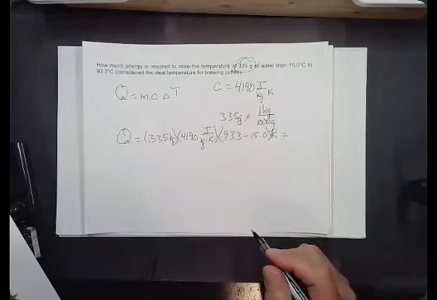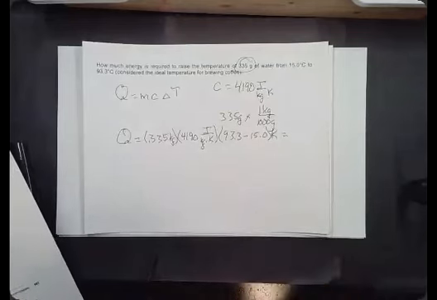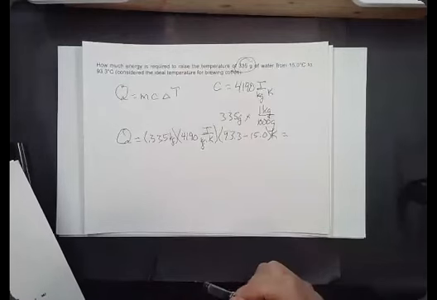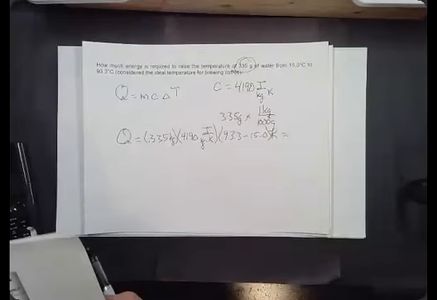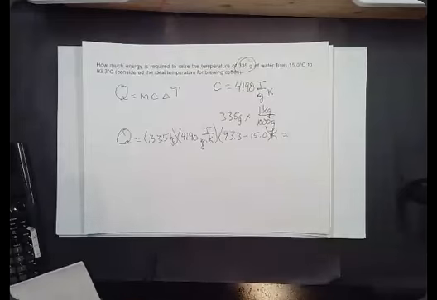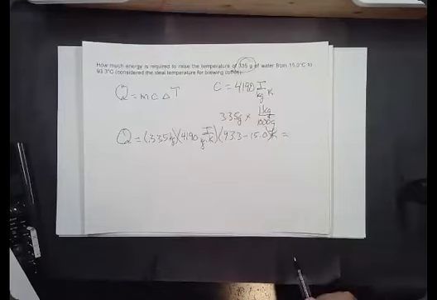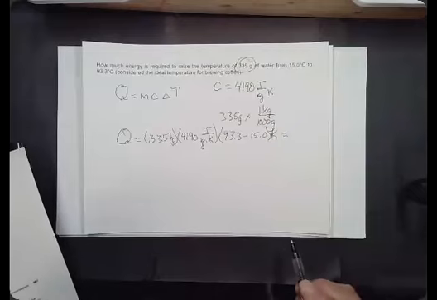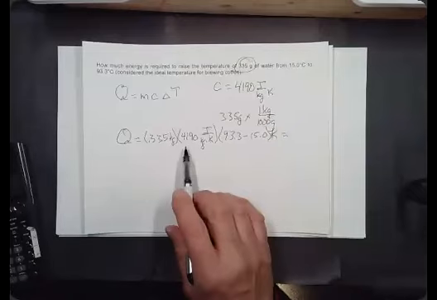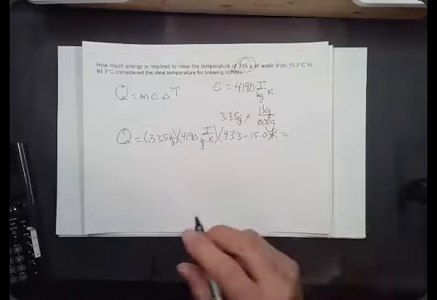In fact, it's almost twice as high as the next highest thing, or the next couple of them. Ethylene glycol, which is used in antifreeze, and ethanol have, well, ethanol is 2,400 joules per kilogram, and water is 4,190. So it's a lot more anyway.